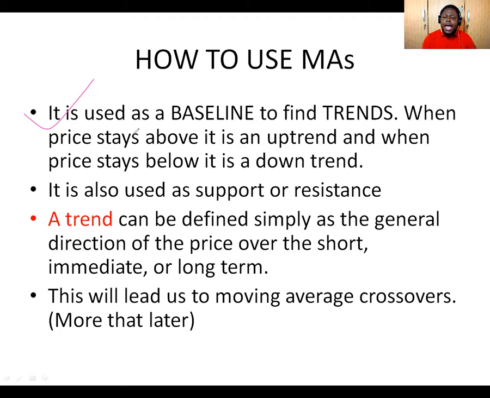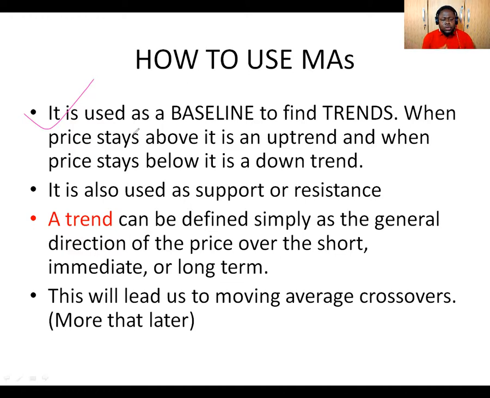Because if you say the trend is bullish, the trend is bearish without giving specifications, we traders will make mistakes by just following that message blindly. If you say the trend is a bullish trend, you need to be specific, whether for long term, short term, or immediate.